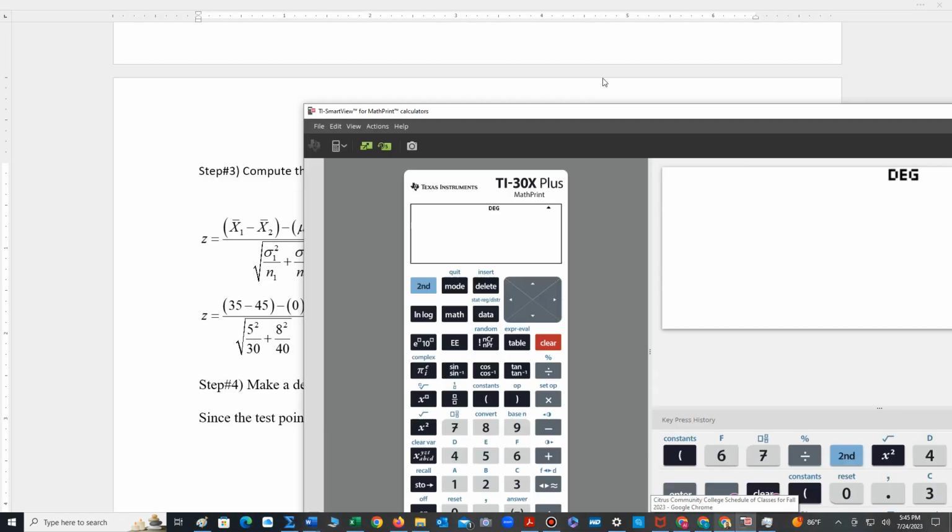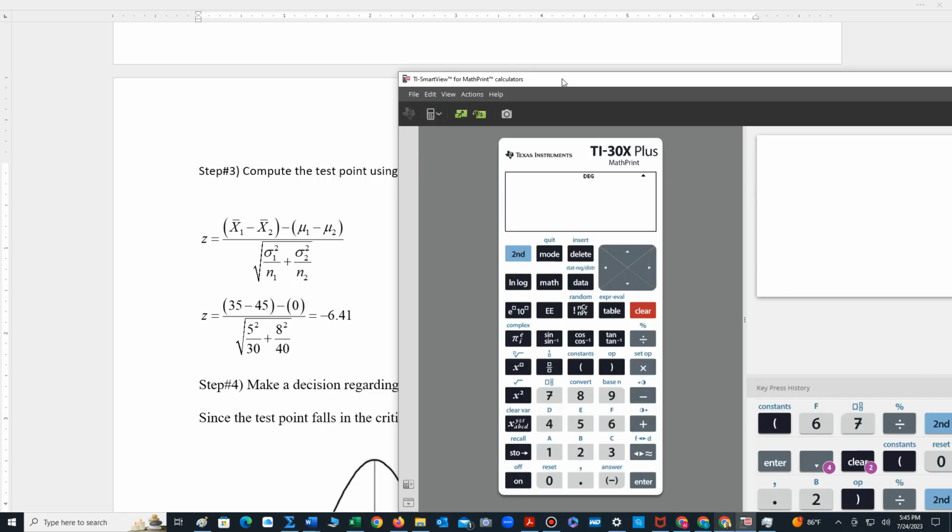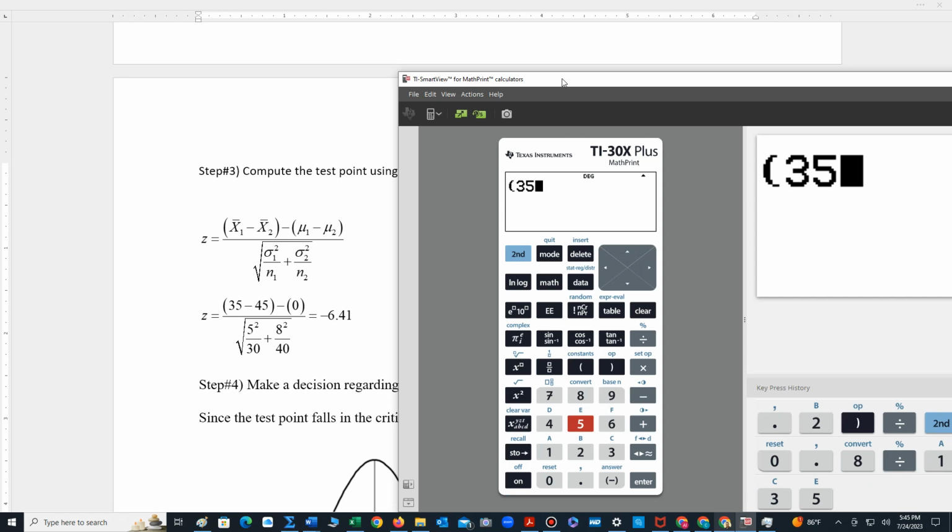Now, how I type it in, I type it all in one simple shot. I use parentheses. So I have 35 minus 45 encased in parentheses. I don't write the minus 0. That's just 0. So don't bother with that.